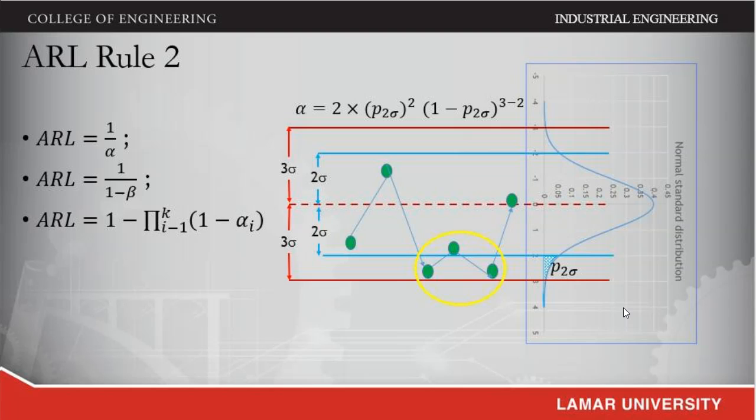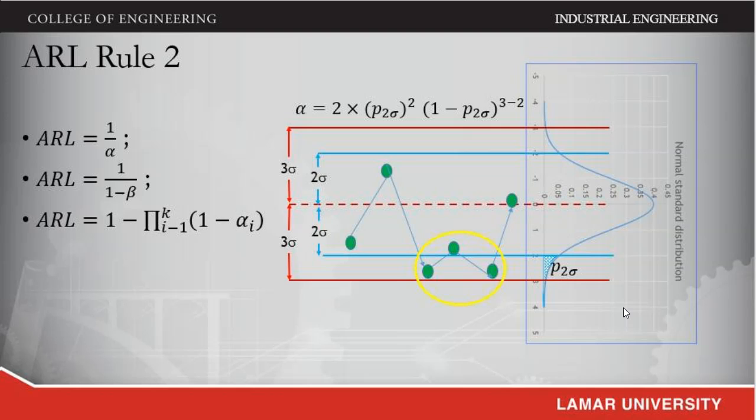For the case of 2 out of 3 consecutive points, we would need to compute the probability in the region between 2 and 3 sigma, and then compute the binomial distribution for 2 out of 3 consecutive points.